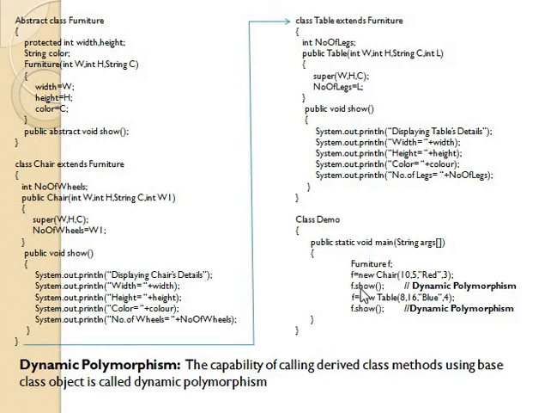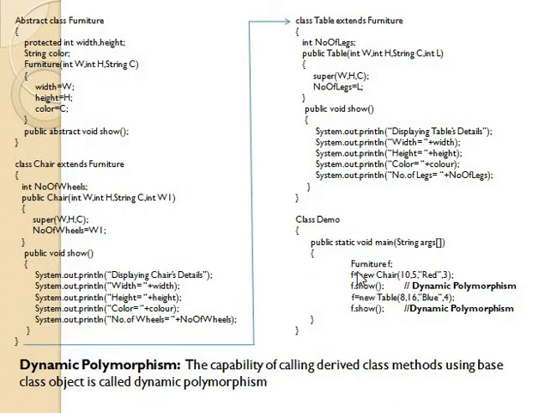And this form of representation, where the base class object f invokes or calls the derived class method show, is known as dynamic polymorphism. So dynamic polymorphism is the capability of calling derived class methods using the base class objects.